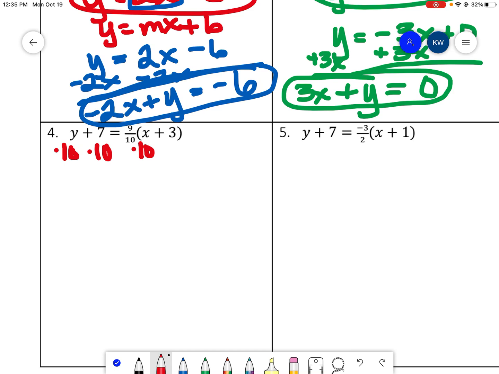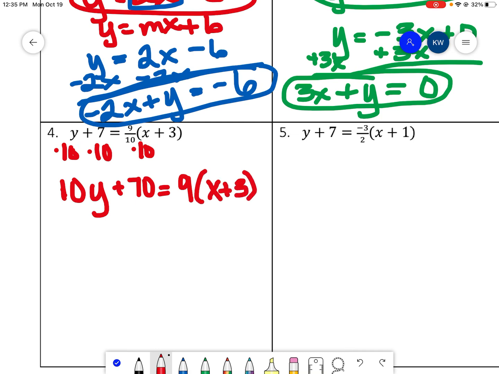y times 10 is just 10y. 7 times 10 is 70. 9/10 times 10 is just going to leave us with 9 times x plus 3. And now the rest of it's the same.